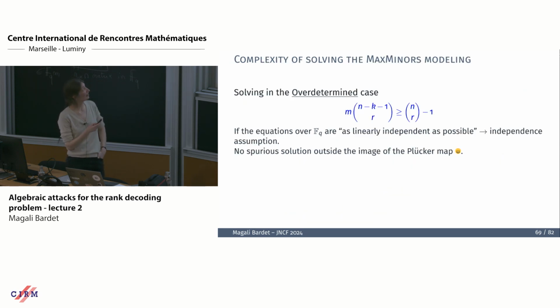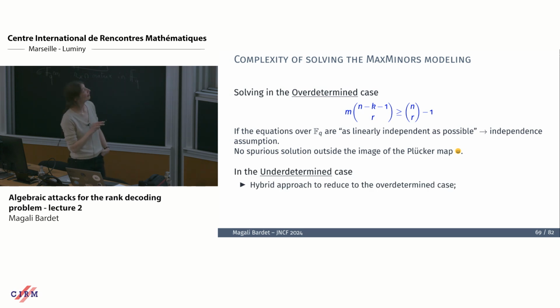So you have a system with this number of equations over FQ, and this number of unknowns, which are all the minors. If you have parameters with more equations than unknowns, then you solve the linear system, you have no spurious solution, and you get your solution just by solving a linear system, which can be quite large if the parameters are large, but you get a solution and a complexity estimate.